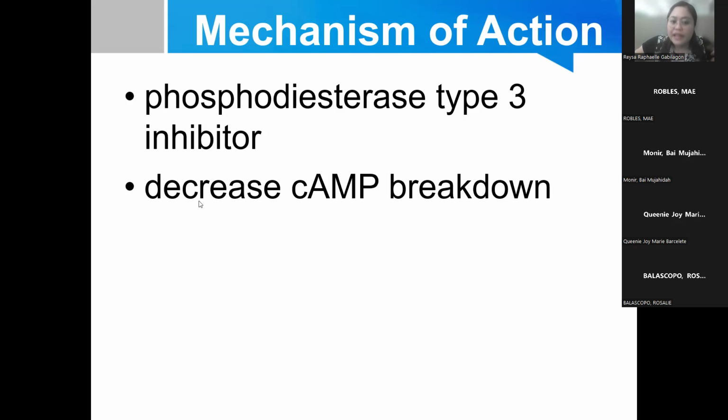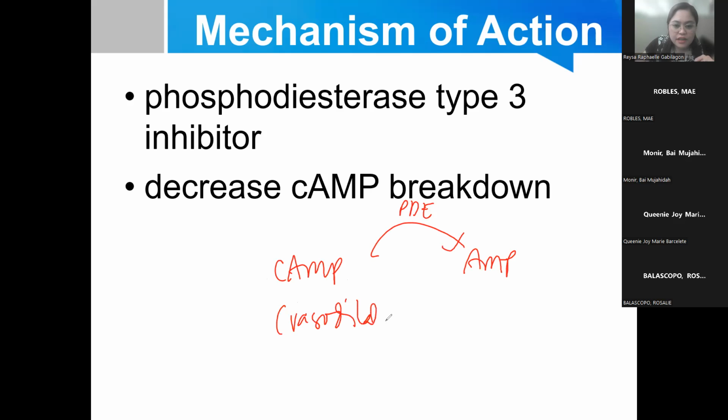And that will help also, aside from vasodilation, by the way, cAMP itself can also increase the force of contraction. So, vasodilation is not the only activity. Add that to what I wrote earlier, class: cAMP will not just cause vasodilation, this can also increase the force of contraction of the heart.